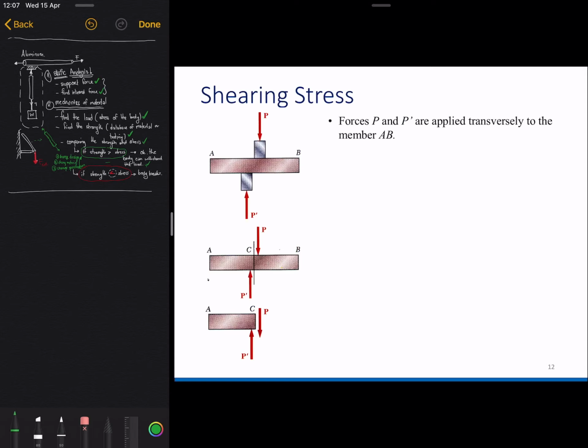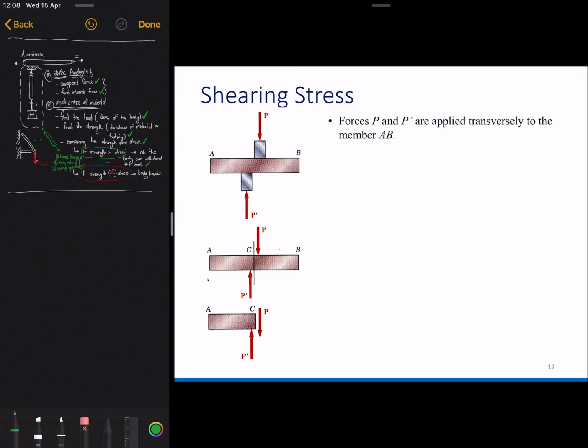Shear loadings. Then next is the shearing stress. So we have forces P and P prime applied transversely to the member AB.